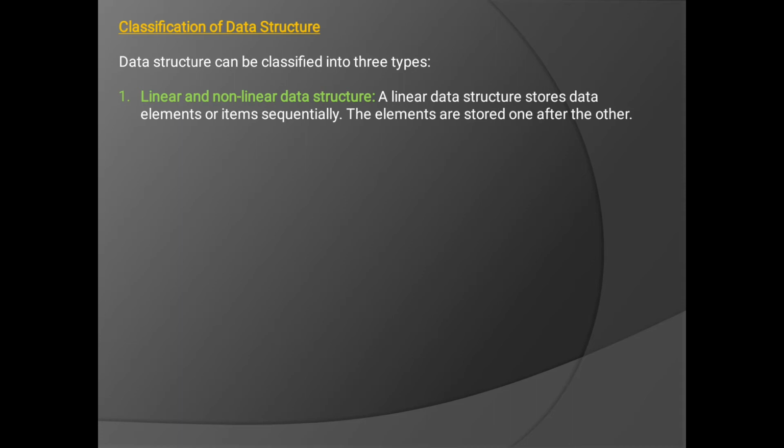In an array, we call the variables elements, and the elements are used to store the data. So in a linear data structure, the data elements are stored sequentially, that means one after the other. The examples of linear data structures are arrays, linked lists, stacks, and queues, which are all in this unit.